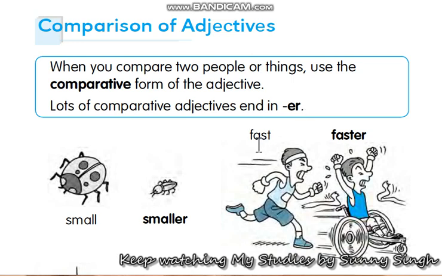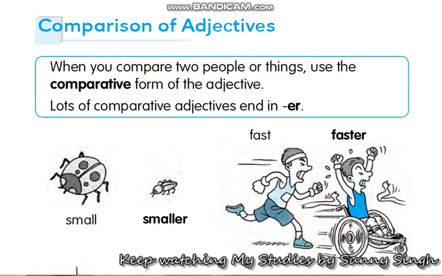Let's see the example. Fast, faster. The comparative form of fast is faster. Here you can see fast is in the positive form, and after adding er, faster is the comparative form. Small, smaller.